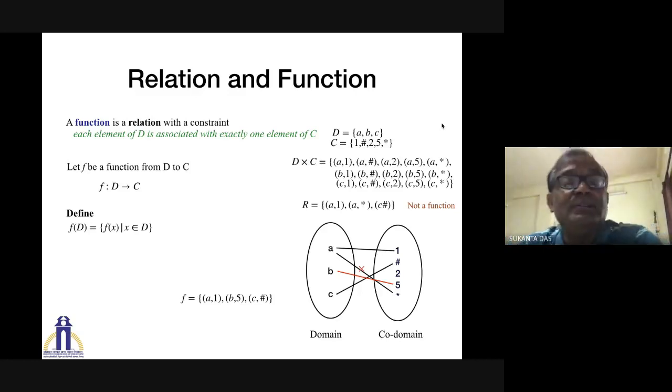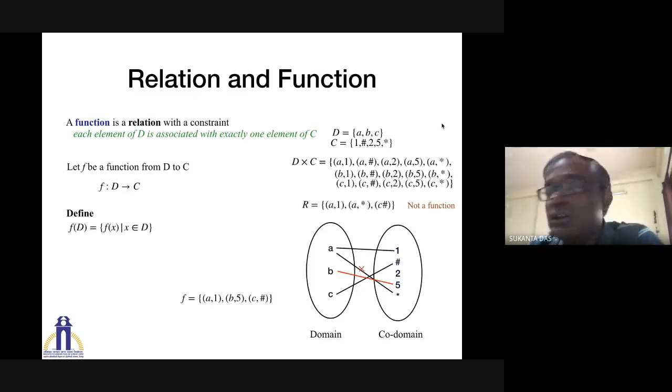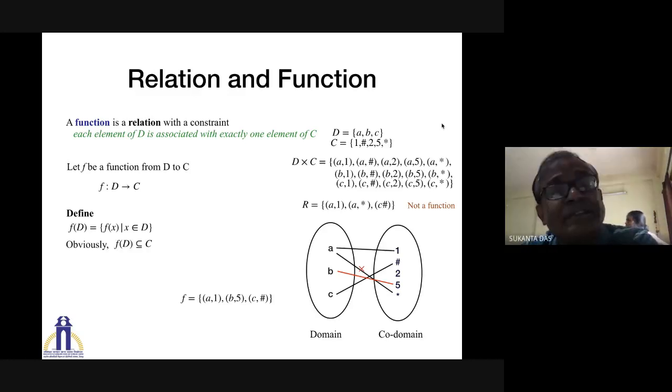Now let us define f(D). D is the domain, as we have defined. There is a set which is named as domain. So f(D) is defined in this way: f(x) for each x in D. So if I put f(D), I'll get a set, and obviously this set f(D) is a subset of C. It has to be.